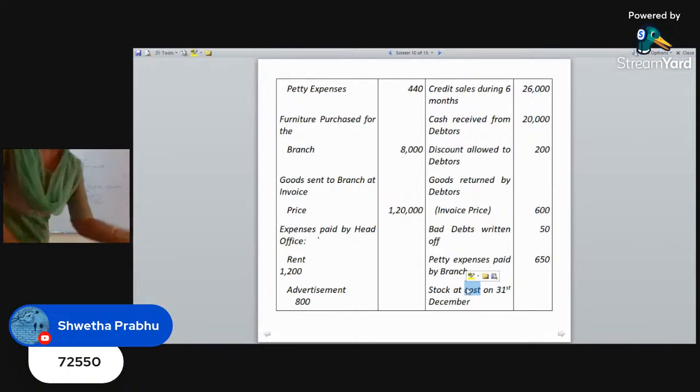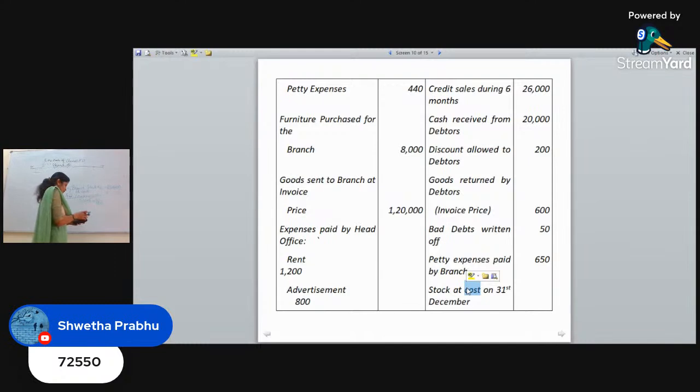Where is my calculator? 26,000 into 25 by 100 is 6,500. Total 32,500. This is actually the closing stock, but this is excluded with the goods received from the debtors. So add the stock received from debtors, 32,500.